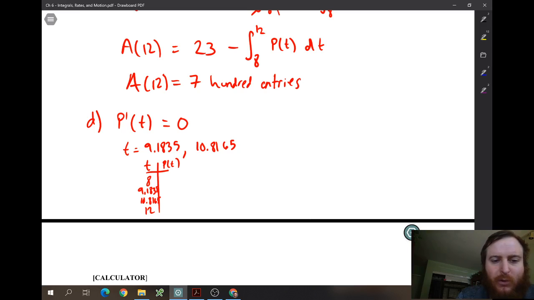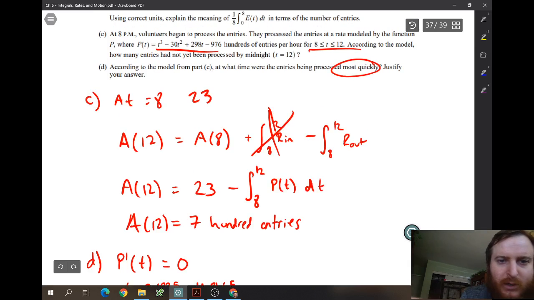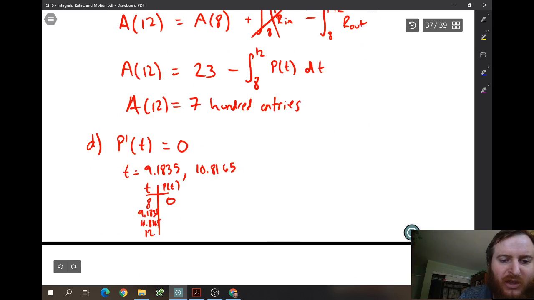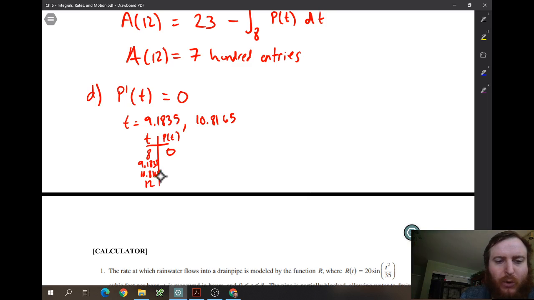So literally these are so easy. You just plug them into the calculator. You just do this at time 8, this at time 9.1, at time 10.8, and at time 12. So this is 5.0887. This is 2.9113, and this is 8.